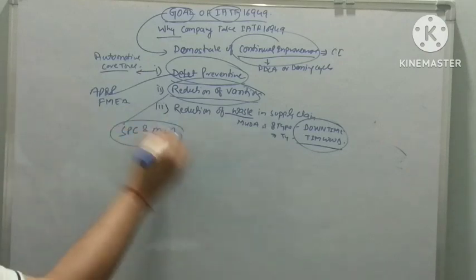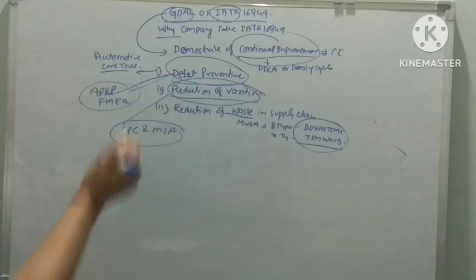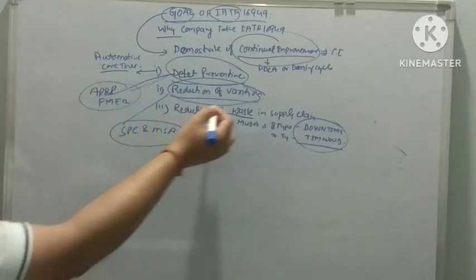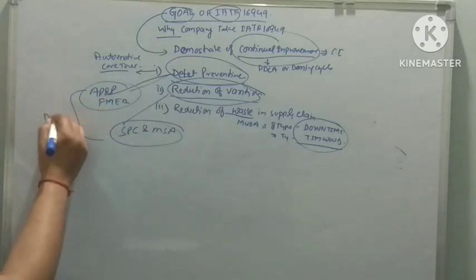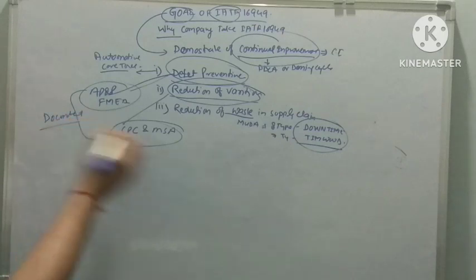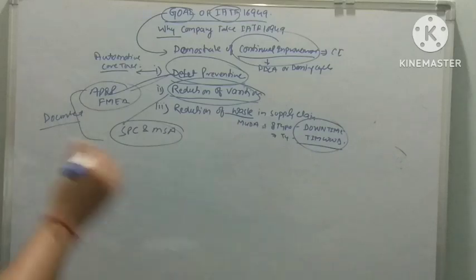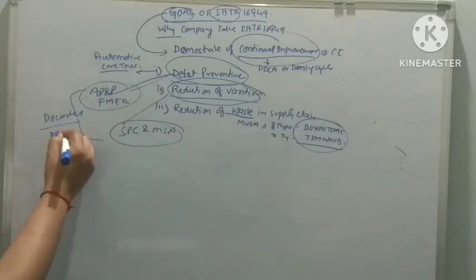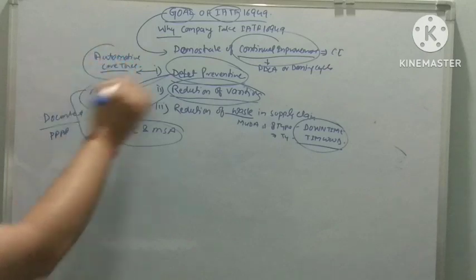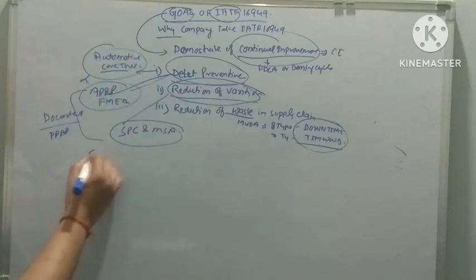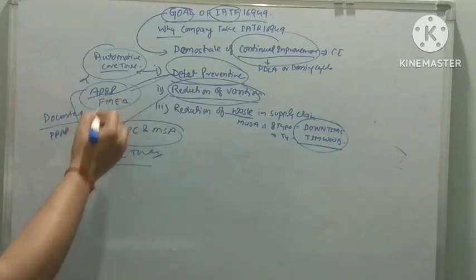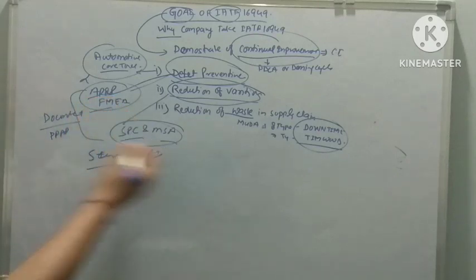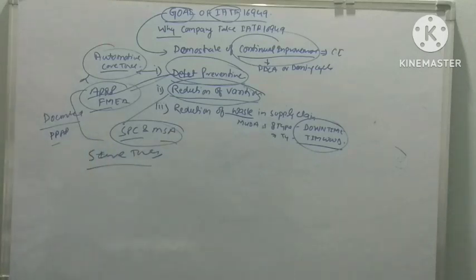So we use 4 core tools: 2 for defect prevention and 2 for reduction of variation. And when we submit documents to the customer, satisfying them by product or by services, that is called PPAP. So here we have 5 automotive core tools: APQP, FMEA, SPC, MSA and PPAP.